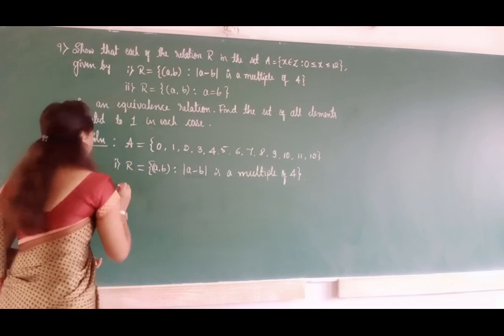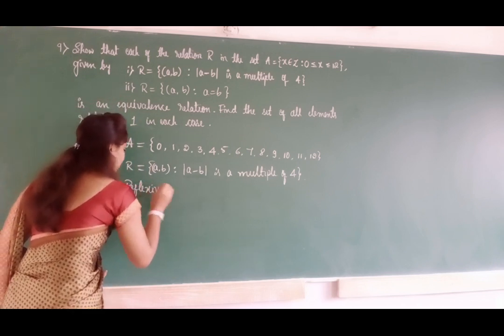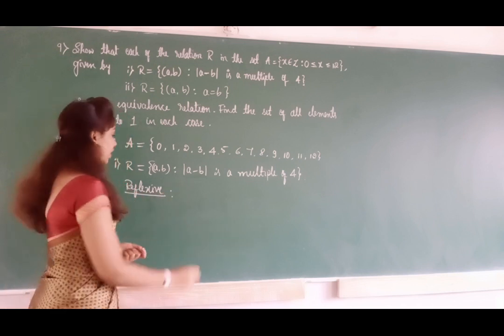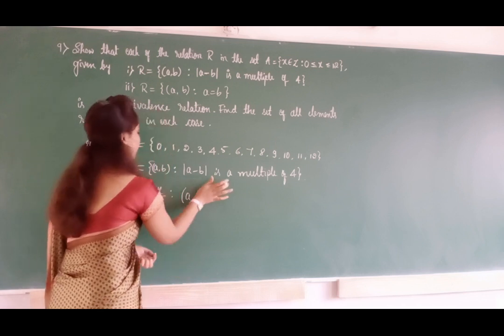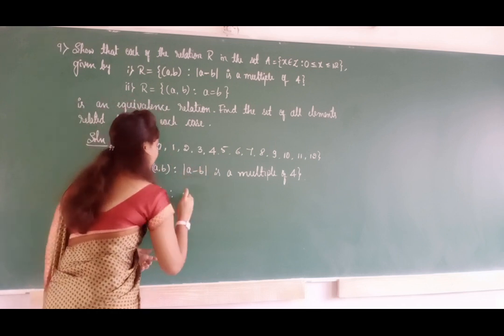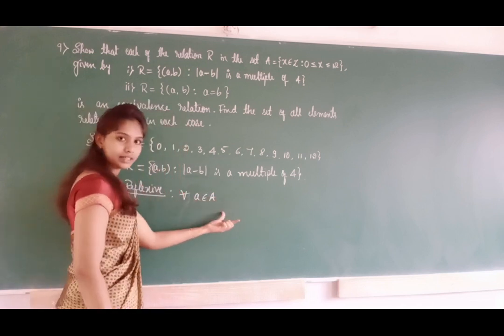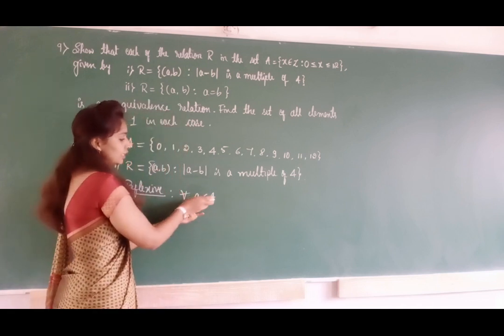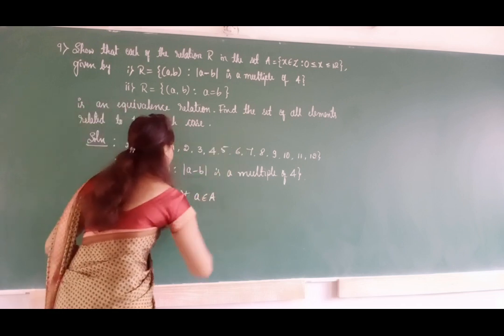Okay? And this is for reflexive. First what we have to take for reflexive: for all A belongs to A, take any element in the set A, any element small letter A. Observe here.